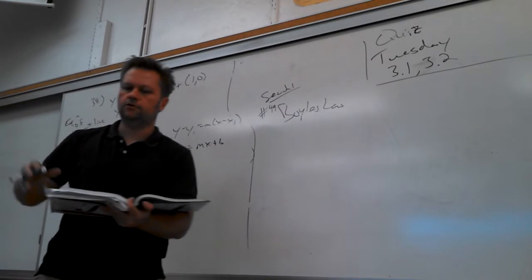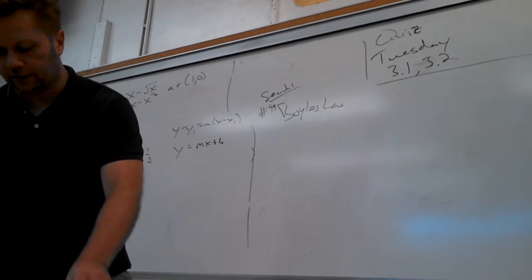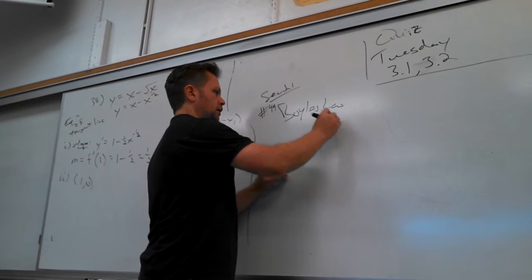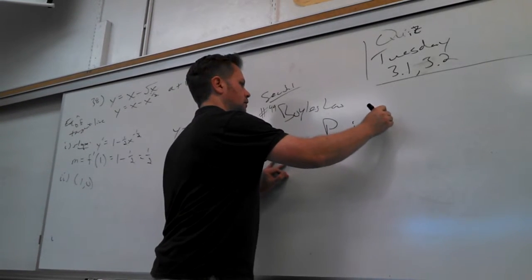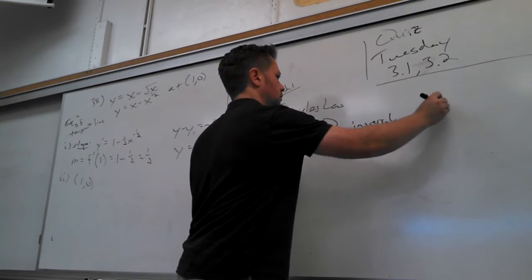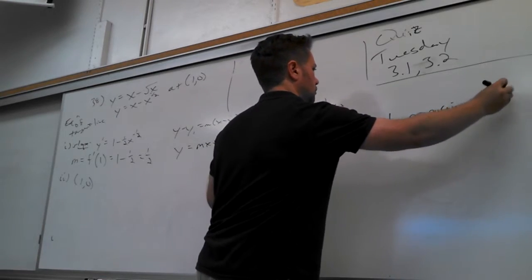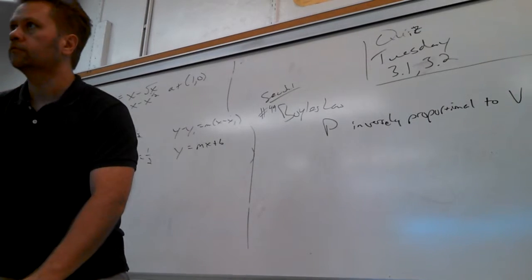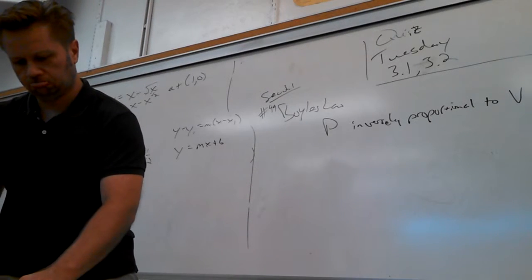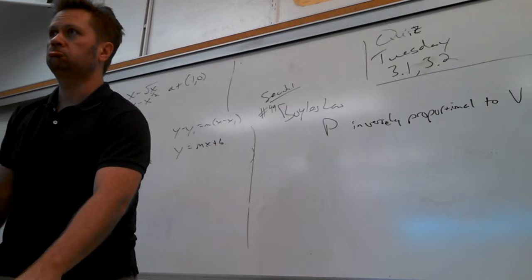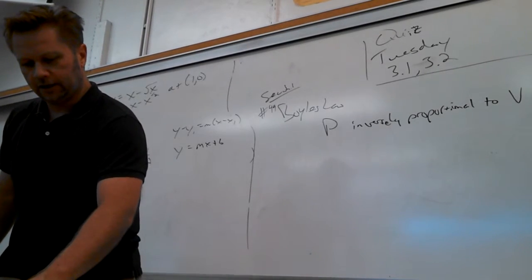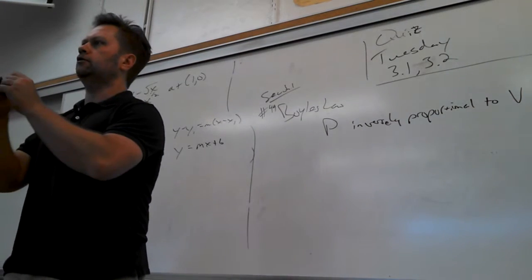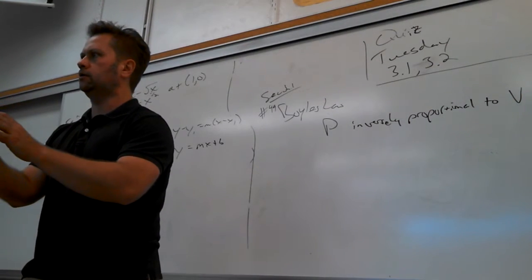Oh, okay. So this is where you got to remember what inversely proportional means. So the pressure P is inversely proportional to the volume V. I don't know if you guys remember or even know what this means.